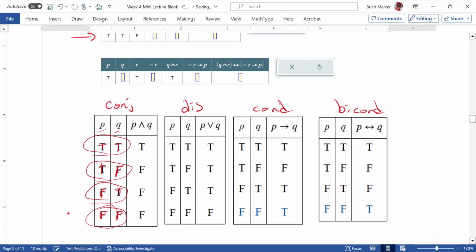So that's every conceivable scenario in terms of how P and Q could shake out in terms of their truth values, whether they're true or false.